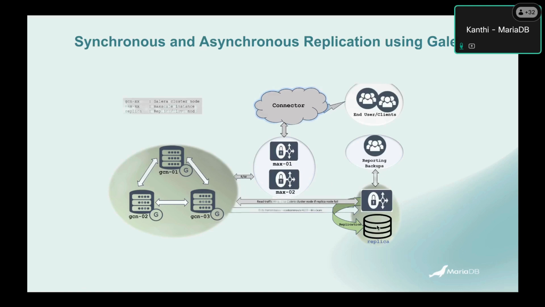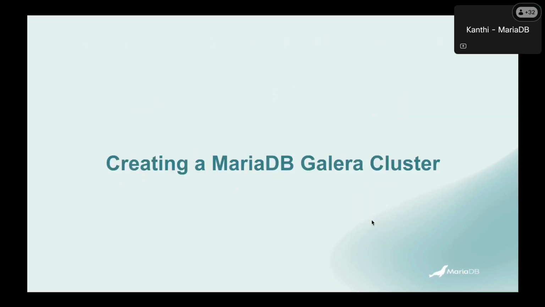That means, for your reporting purposes, and if you want to take periodic backups without disturbing the write intensive Galera workloads, it's possible to do. So that is how, in MariaDB's offering as a high availability environment, whatever resources you invest in for the high availability environments are also put to use. They are not silently sleeping and wasting your resources.